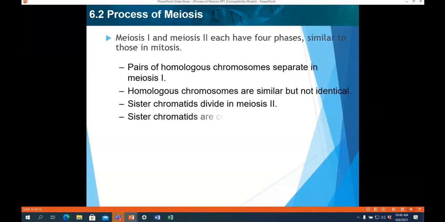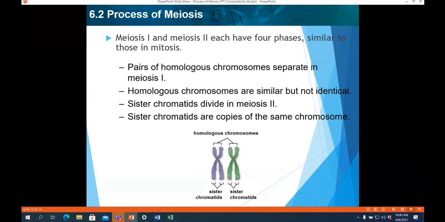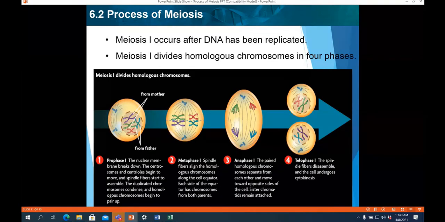All right, so let me do it again. So now we know the differences between sister chromatids and homologous chromosomes, isn't it? So meiosis 1 and 2 each have 4 phases, which are similar in mitosis as well. And we'll talk about how the division of one cell takes place in meiosis 1.